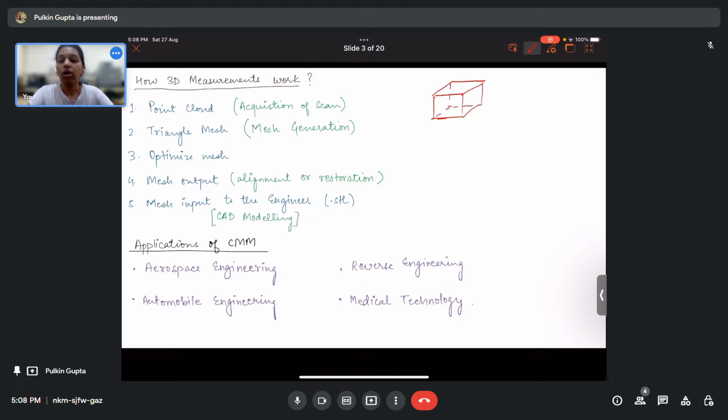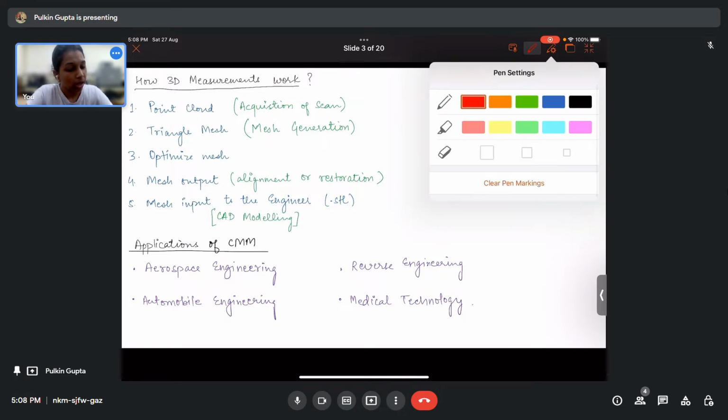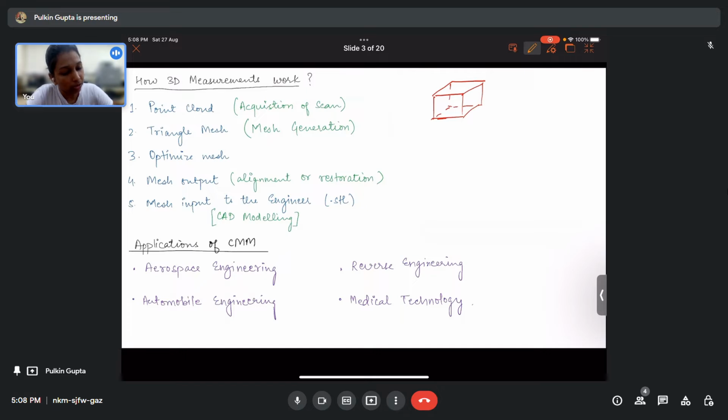Okay, now when you make 3D measurements using your coordinate measuring machines or any kind of 3D scanners, it will actually generate certain points. So there will be this kind of a cloud containing different points. There are a variety of points in space.